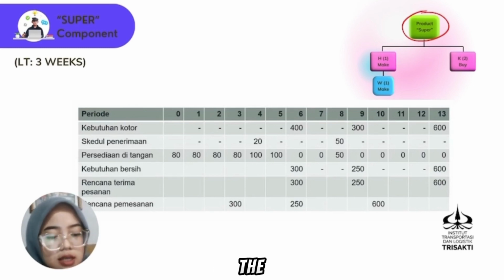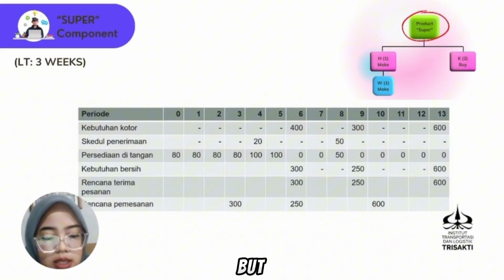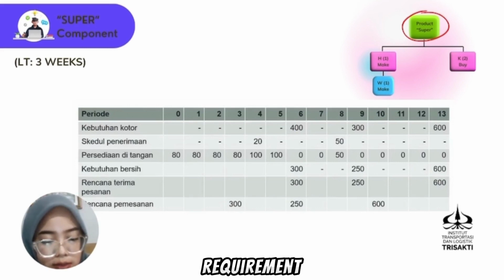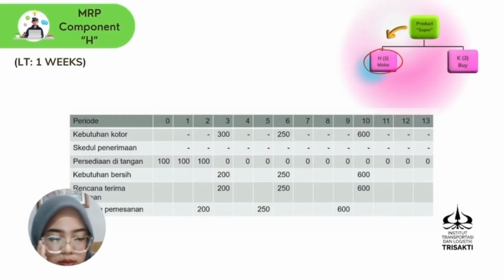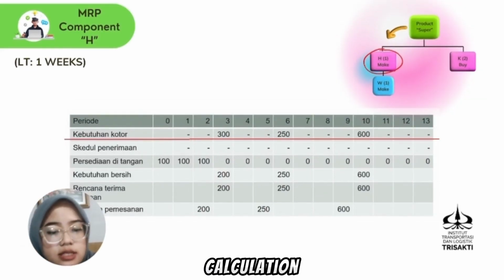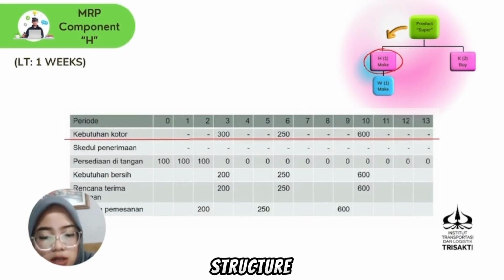By checking the inventory on hand, if there is a receipt schedule the inventory increases, but if there is a gross requirement, the inventory on hand will decrease. The calculation step is repeated in each part of the product structure.